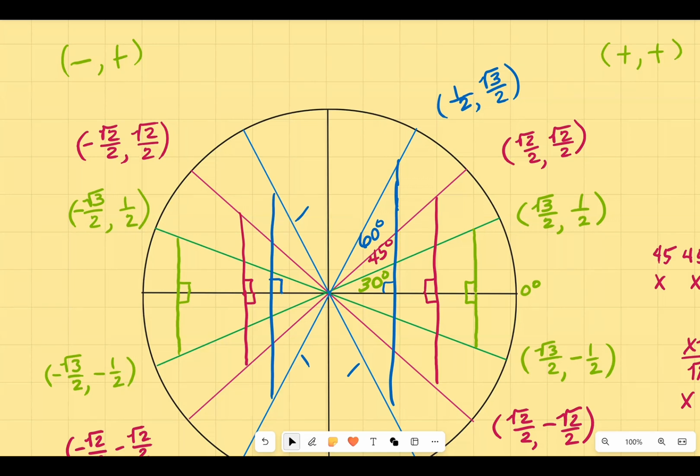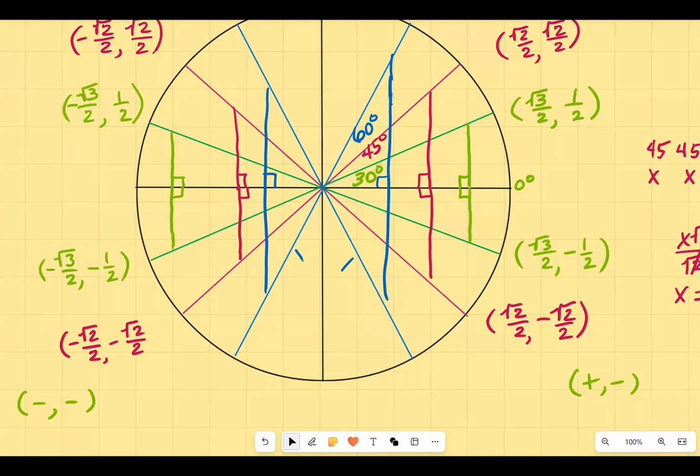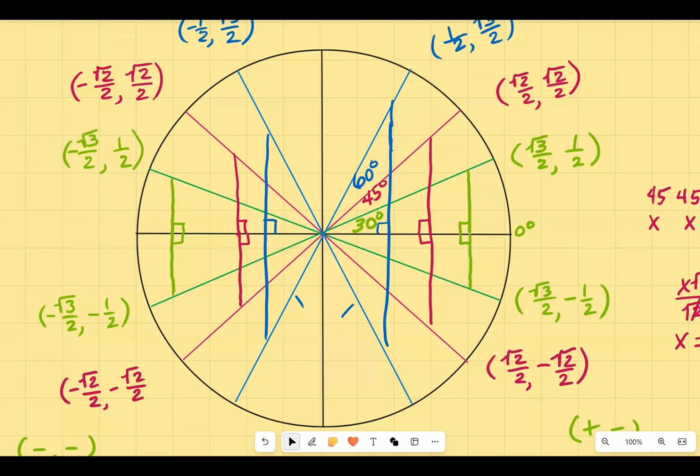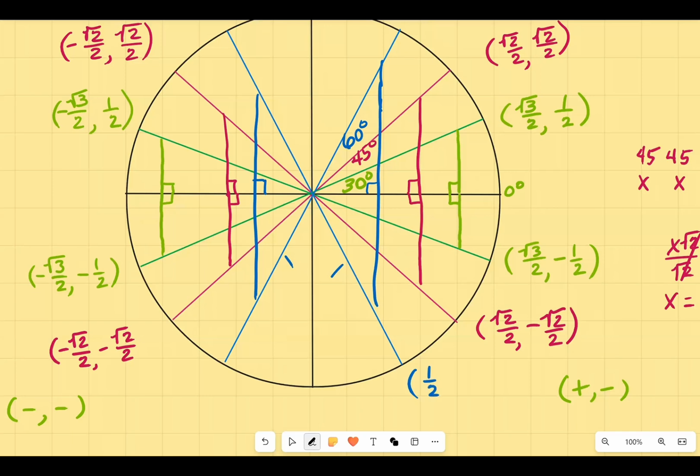Now, if I were to reflect it over my y-axis, I'm still going to have the same values, but my signs will change. I will now have a negative 1 over 2 and a root 3 over 2. That's positive. If I further reflect and go to my fourth quadrant, I am going to have a positive 1 over 2 and a negative root 3 over 2.